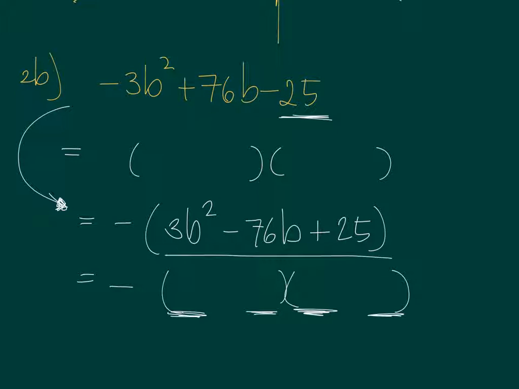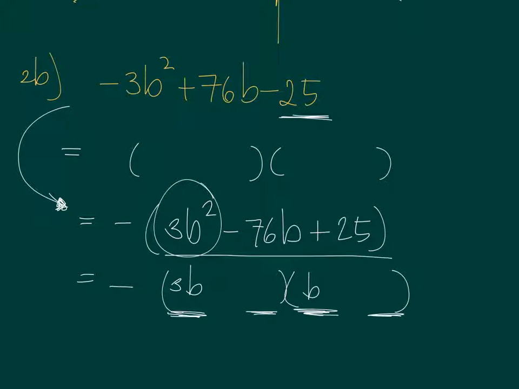The first terms always come from the first term of the trinomial. So think of the factors of 3b squared. To get a 3b squared, I have to have a 3b and a b. And I think there are no other combinations that will give us 3b squared aside from 3b times b.